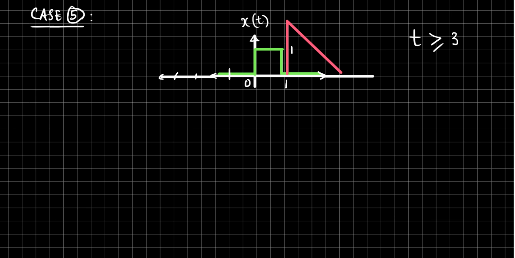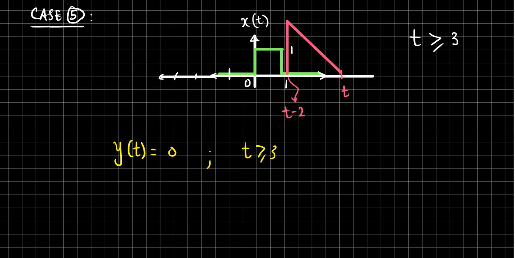So here, this is going to be t minus 2, and I'm analyzing the case where this t is higher than 3. In that case, we see that there is no overlap, so y of t is going to be 0 for t higher than or equal to 3.